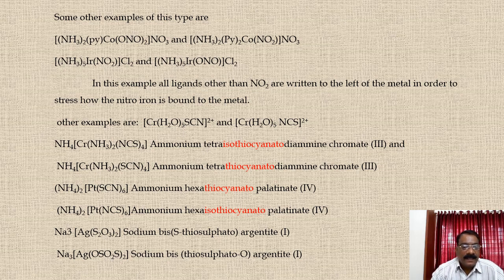NH4[Cr(NH3)2(NCS)4] is ammonium tetraisothiocyanato diamine chromate(III), and its isomer is NH4[Cr(NH3)2(SCN)4]. Here the attachment is through sulfur. See its name: ammonium tetrathiocyanato diamine chromate(III).